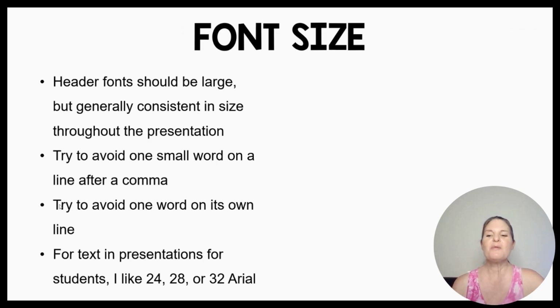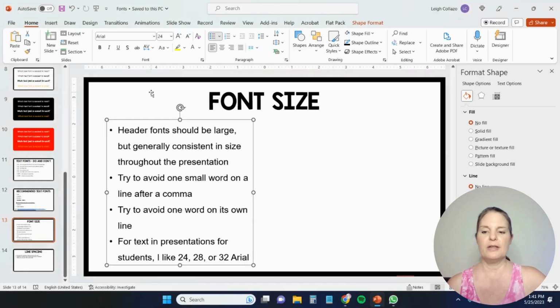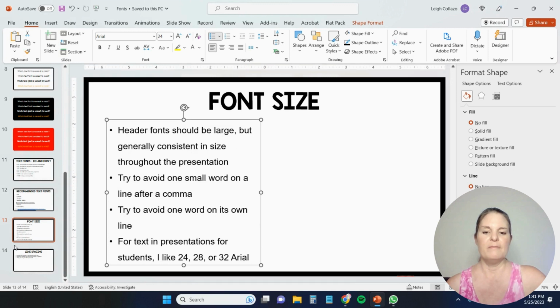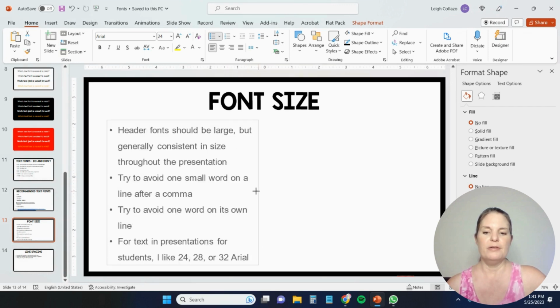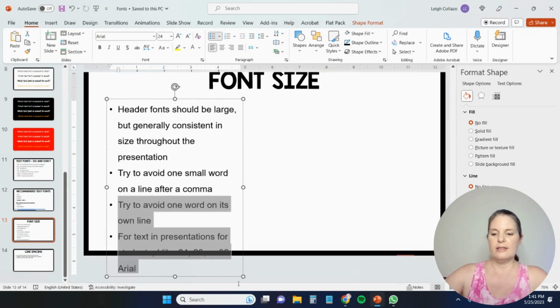Try to avoid using one word on its own line. And I did this one on purpose as well. So for this one, yeah, this might be a good place to, because if I move this back out, now but's back there and line is still there. So what I could do though is leave but that way and just cut this out.